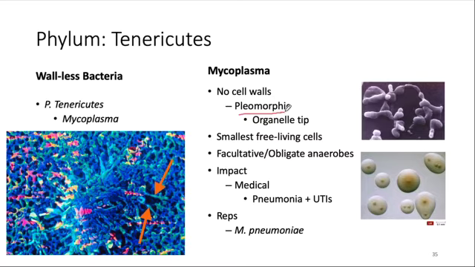They are very small, ranging from 0.1 to 0.25 micrometer. They cannot be seen by a light microscope. They are facultative or obligate anaerobes, and they are very important in the medical field because they are implicated in pneumonia, common pneumonia, and urinary tract infections as well.